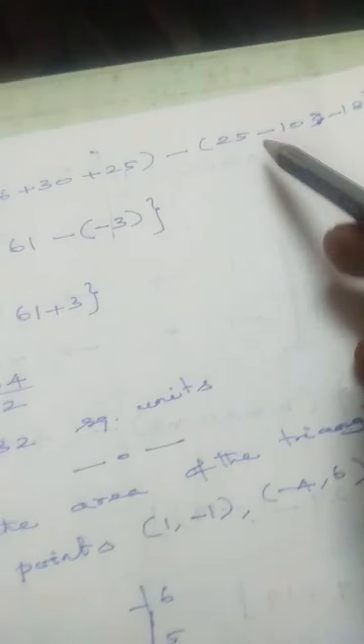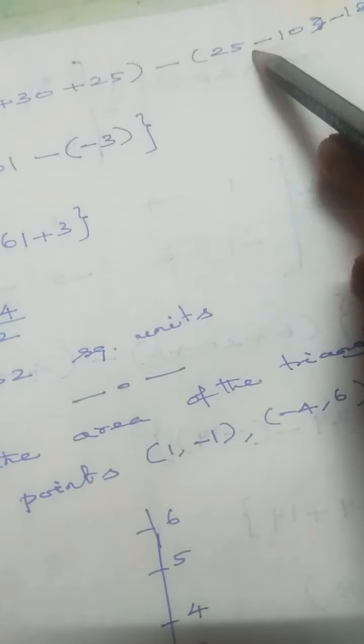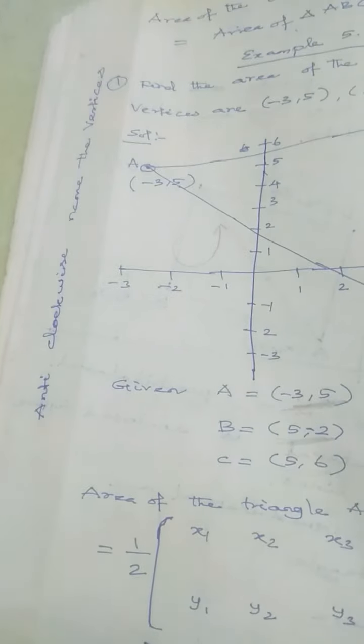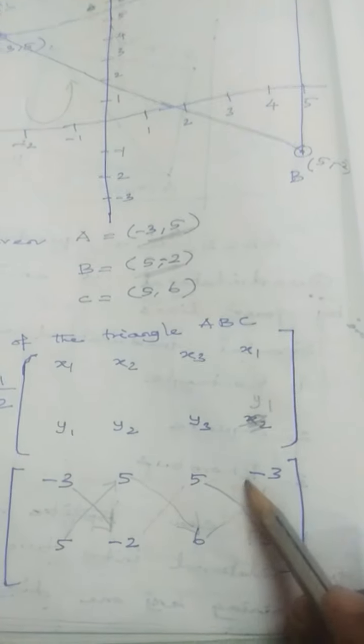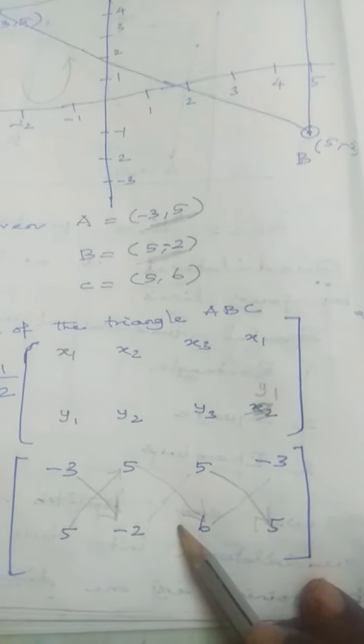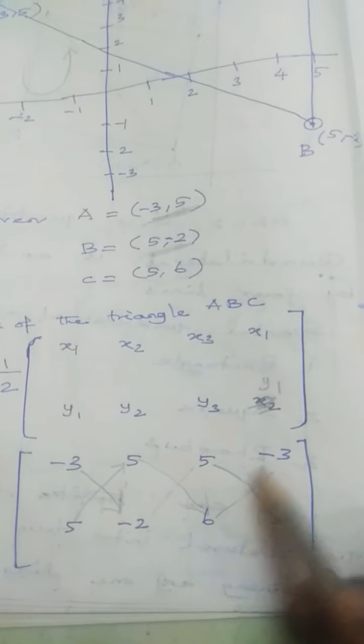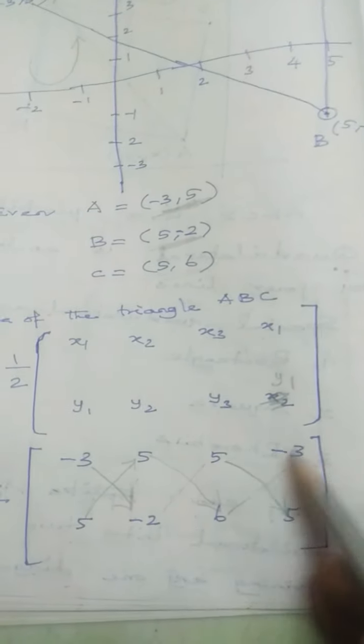So here it is minus 10. Then again bottom to top, 6 threes are 18. Plus into minus will give you minus, so minus 18.